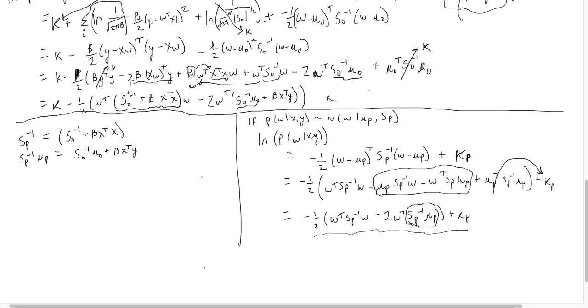So since we have a pattern match, we can say that the posterior of w given the data is normal, where the covariance is equal to the inverse of that, and the mean is equal to, just by a little bit of linear algebra, we'll move the covariance matrix to the other side.